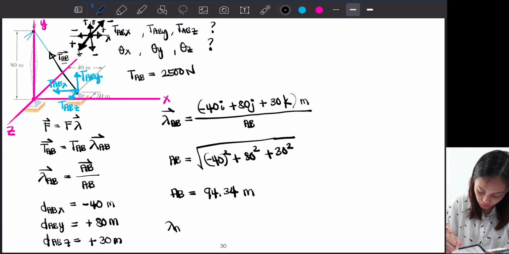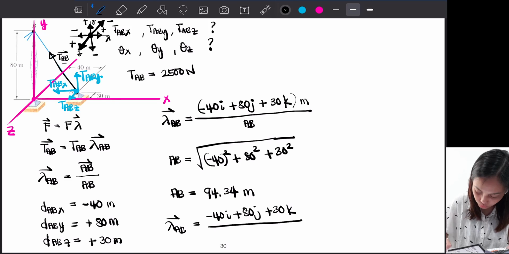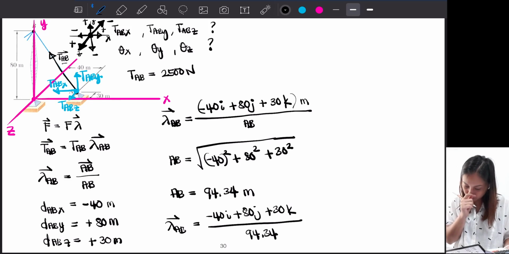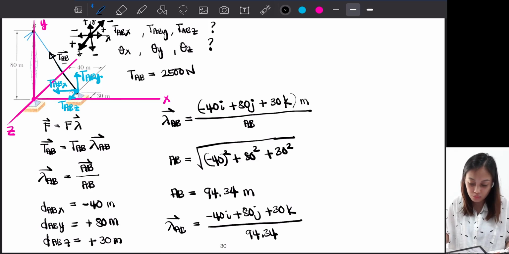Or lambda AB is equal to negative 40i plus 80j plus 30k over 94.34. The meters cancel out, meter on top and meter on the bottom, so it has no unit.